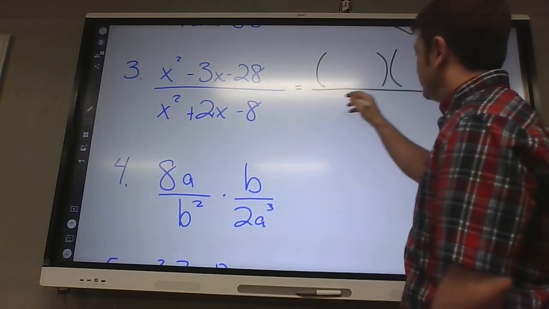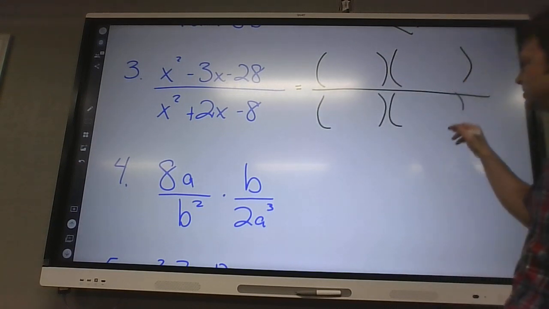Okay, number 3, this is 3-term factoring, so I know it should look something like this.